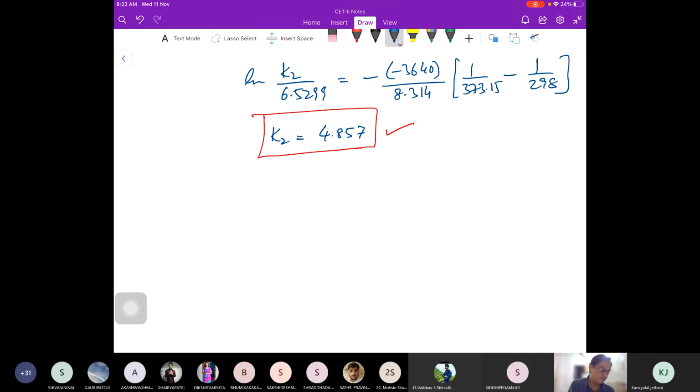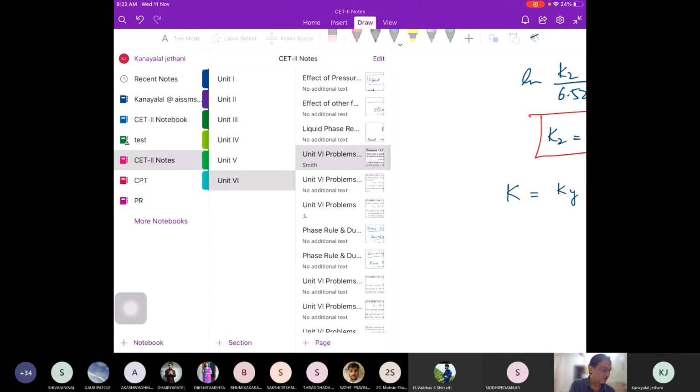What will K be? How is K defined for a liquid phase reaction? Ky into P raised to power of nu, is it equal? Let's see. What did we see last time?